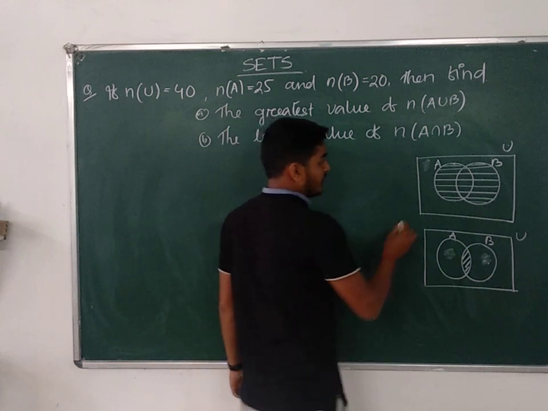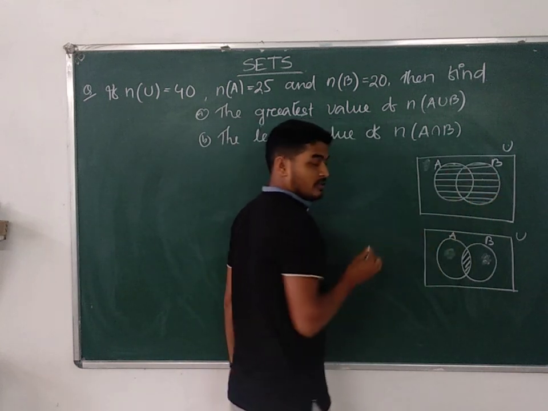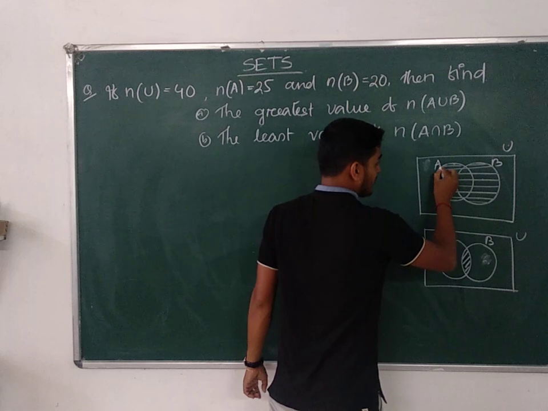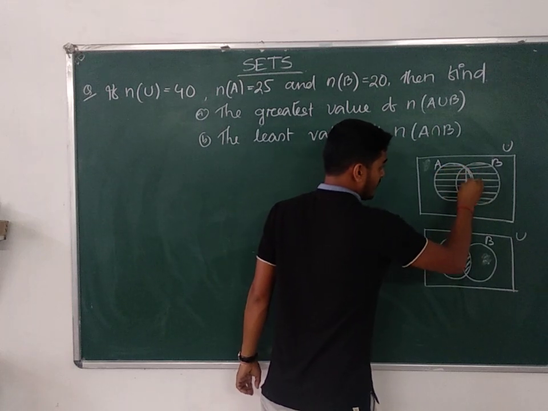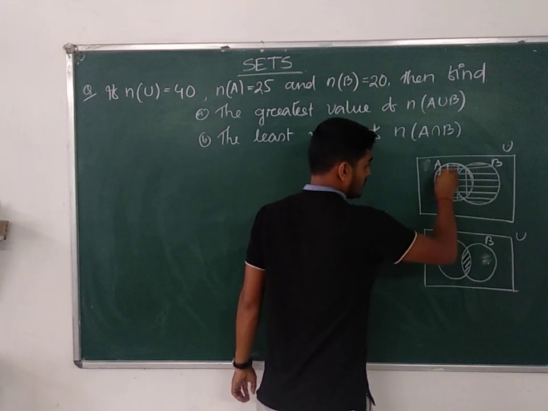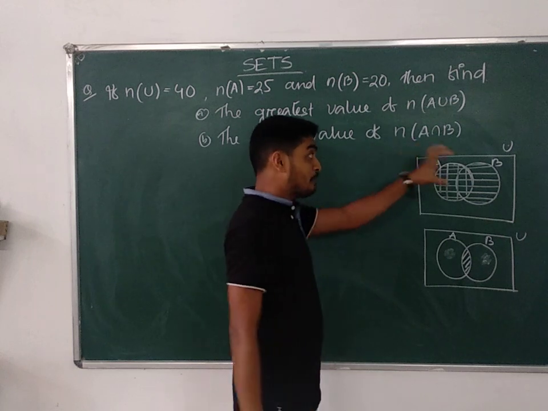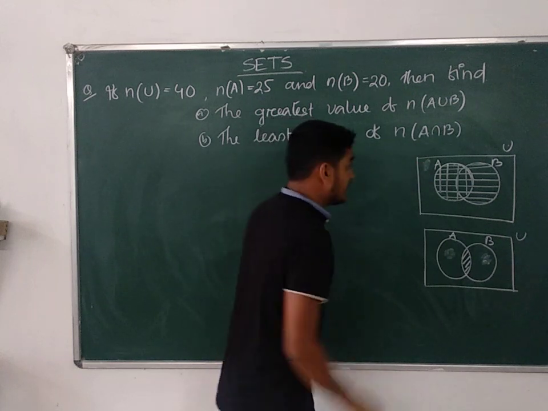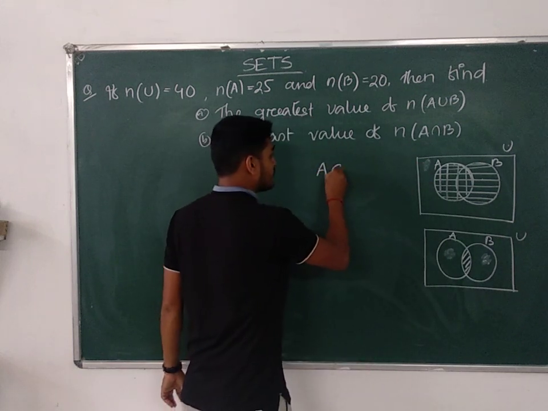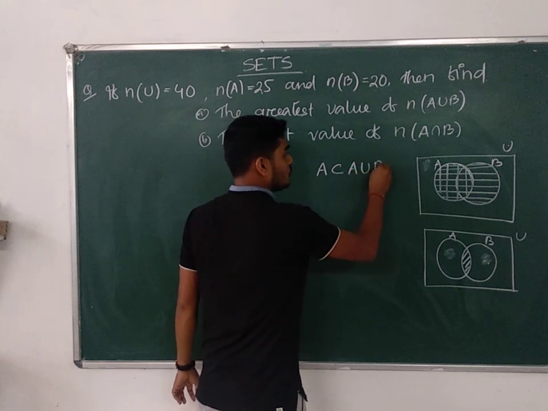If you observe carefully, this is the A union B set. Then obviously, if we consider this part, next set region, A is a part of A union B. We can easily say that A is a subset of A union B. Am I correct? Do you know why?